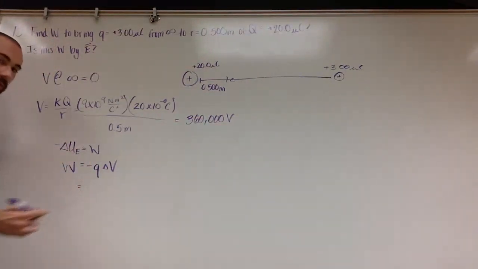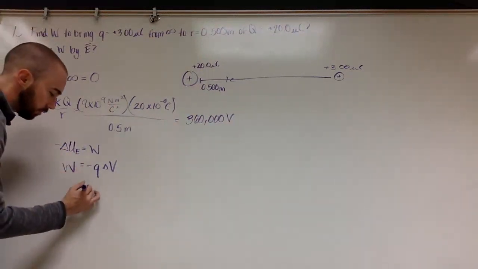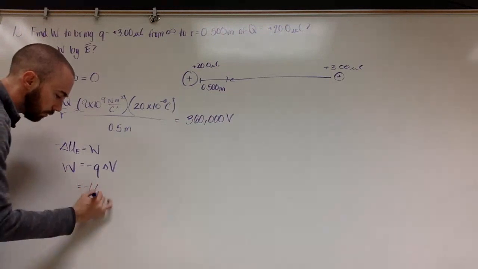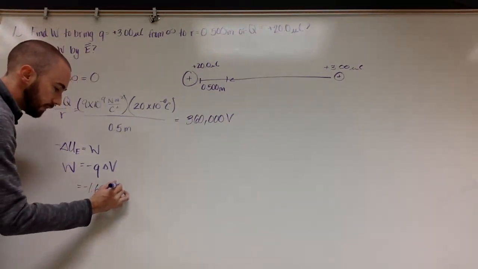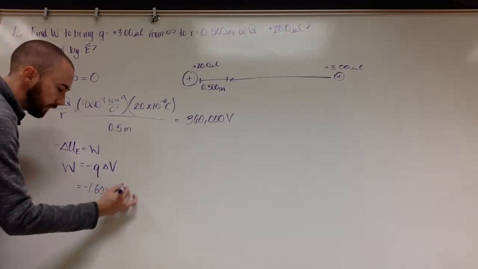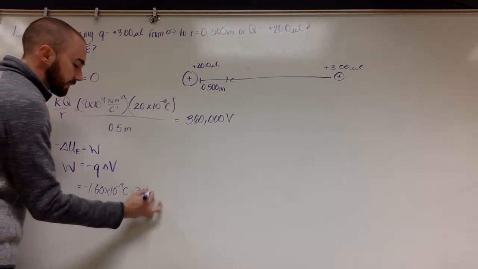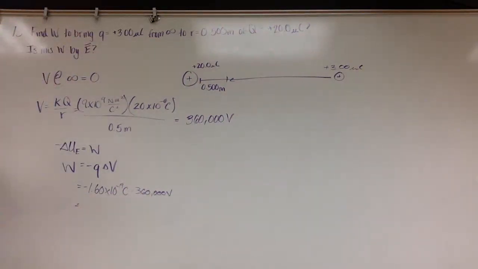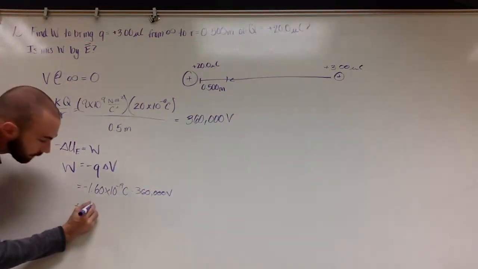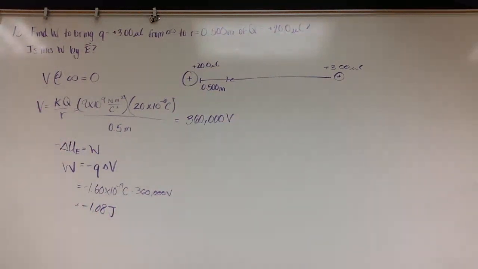So when we plug in for Q, our charge of an electron is negative 1.6 times 10 to the negative 19th coulombs. Our change in voltage is 360,000. And when we plug those in, that is going to be equal to negative 1.08 joules of energy.